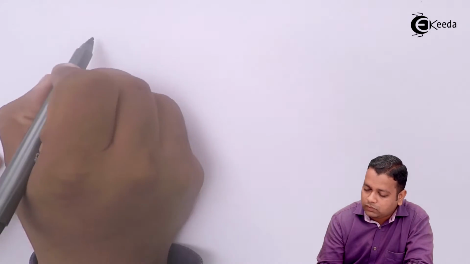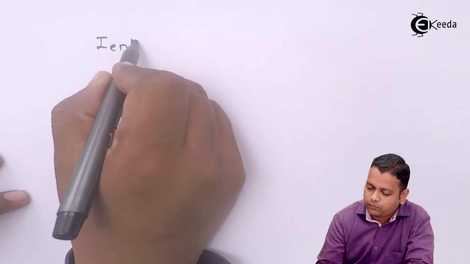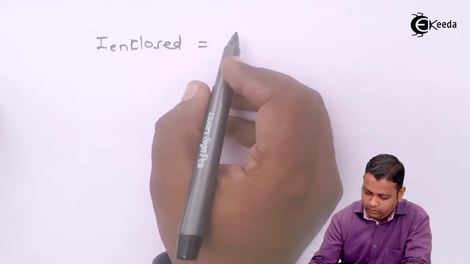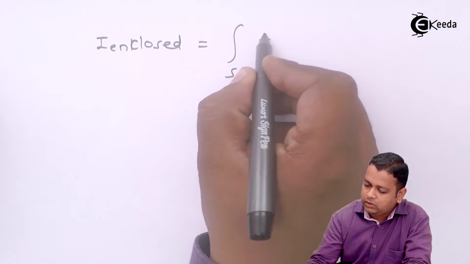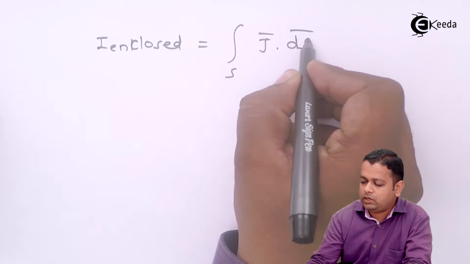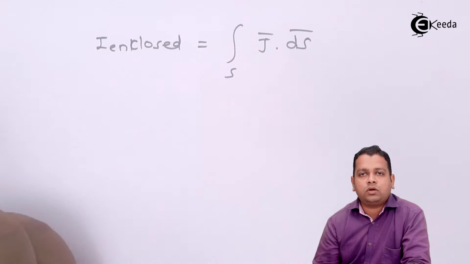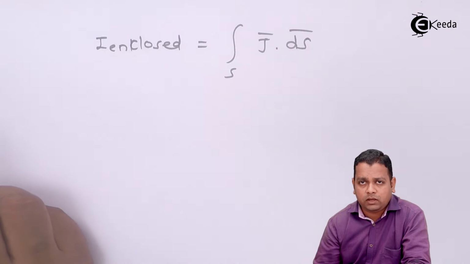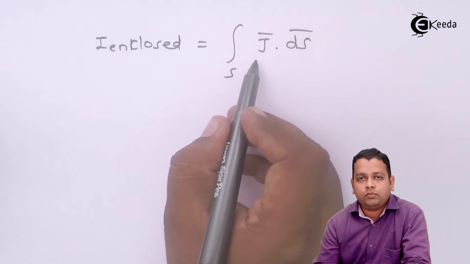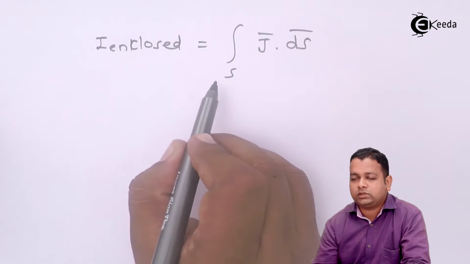Hence, practically we have to write I enclosed given by surface integral J bar dot ds bar, because any conductor you take, whatever the minute dimensions of that conductor, it will have certain volume. Hence, the cross section of that volume, if you take, will be the surface area.